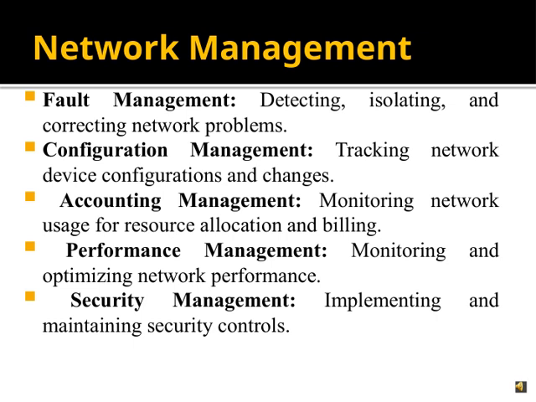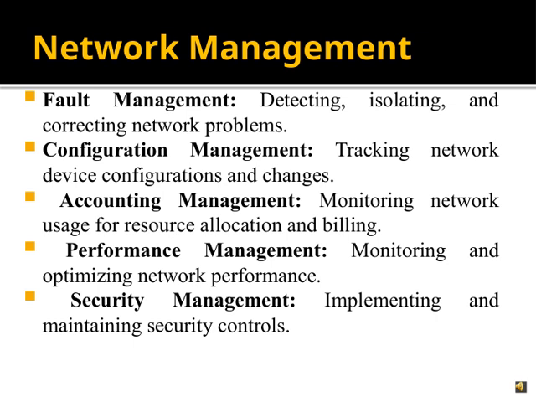Then, there's accounting management. This part monitors how network resources are being used, which is essential for resource allocation and billing purposes. It helps us understand usage patterns and manage costs effectively. Moving on to performance management, this involves continuously monitoring and optimizing our network's performance to ensure it runs efficiently.